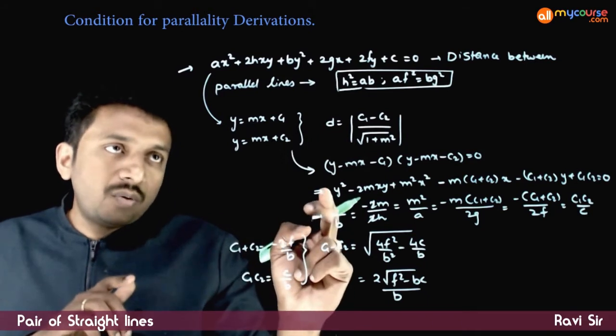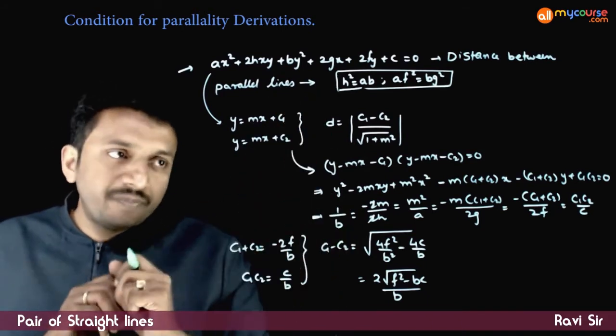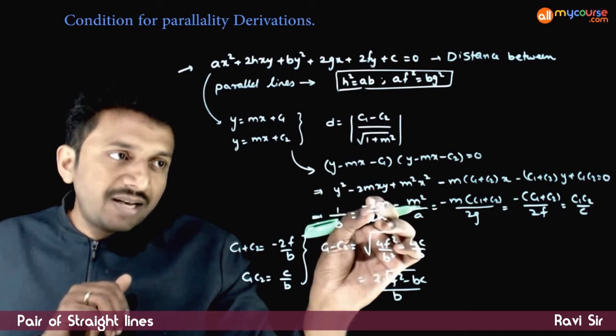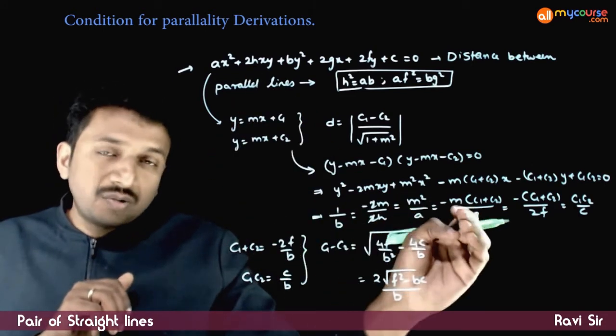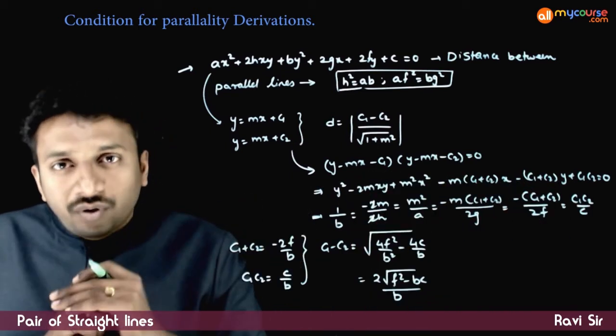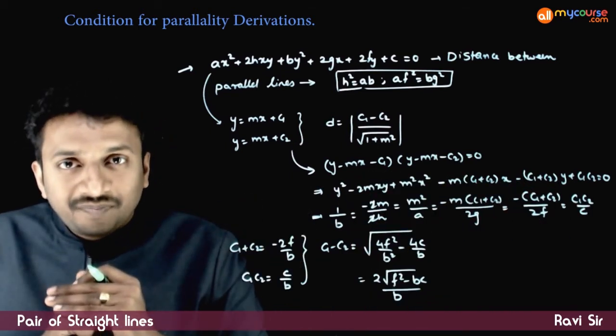So the y square coefficient 1 by the y square coefficient b. The xy coefficient is minus 2m, the xy coefficient is 2h. In this way, all the ratios of coefficients have to be the same.